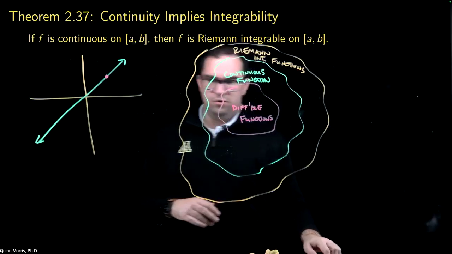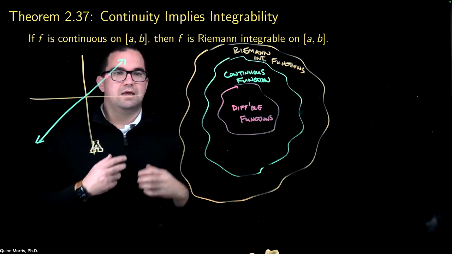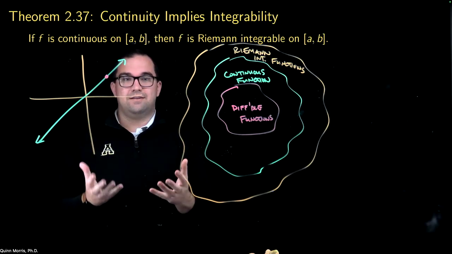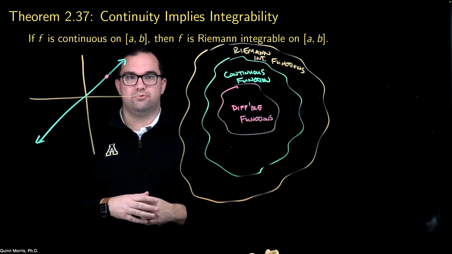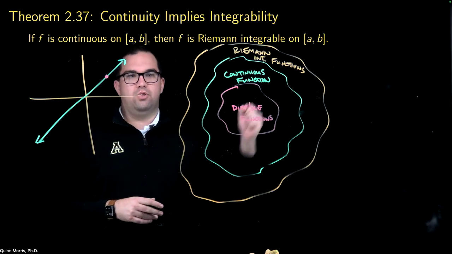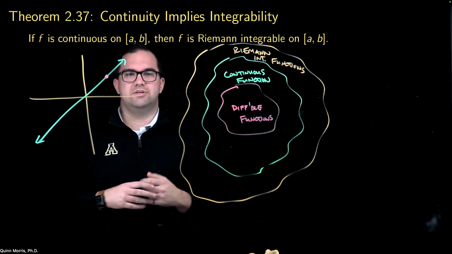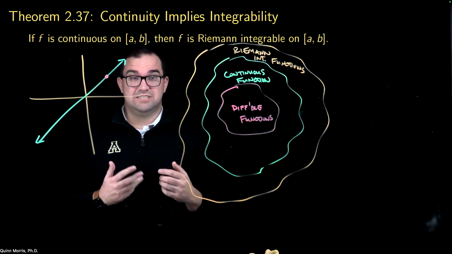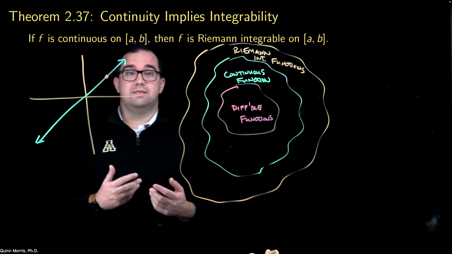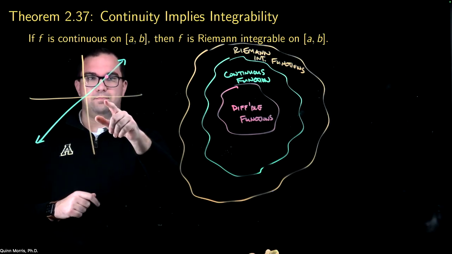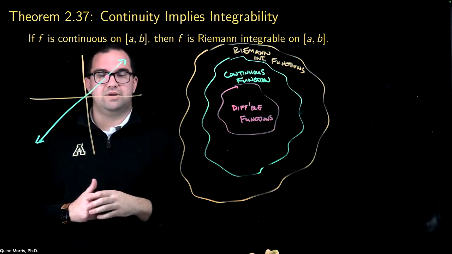The reason this is a little more accurate is that if you imagine a hat filled with all the Riemann integrable functions, and you reach in and pull out a function, what's the probability that you pull out a continuous function? The answer is essentially zero. It's like throwing a dart at the plane: what's the chance I hit this green line?